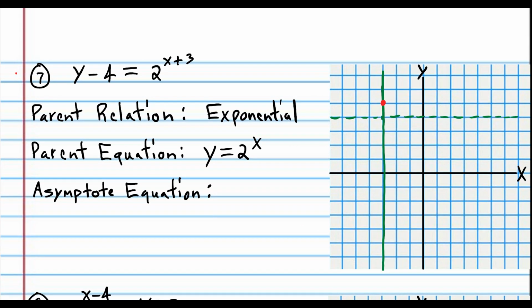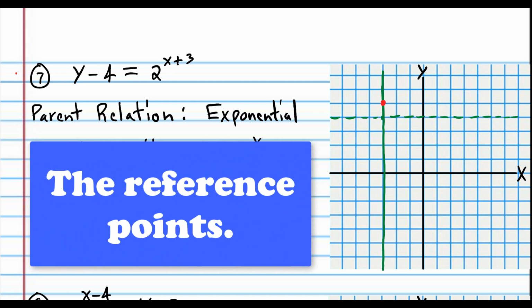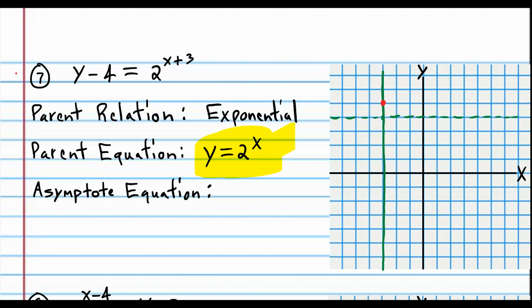In the previous relation, the reciprocal relation, you could just memorize those 6 points. But in this case, it's not possible to memorize the other points because they're going to change based on whatever the base of this parent equation is. So we have to use this equation.